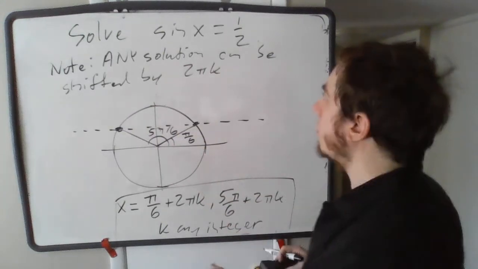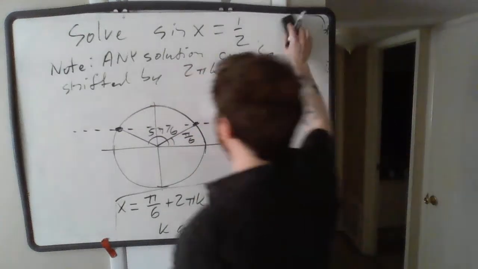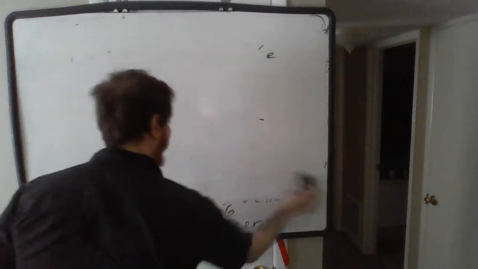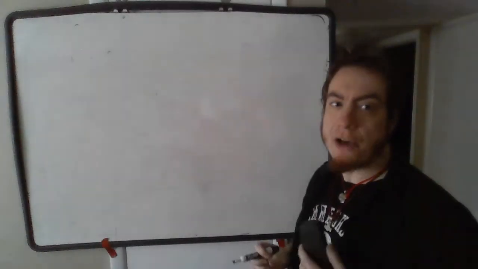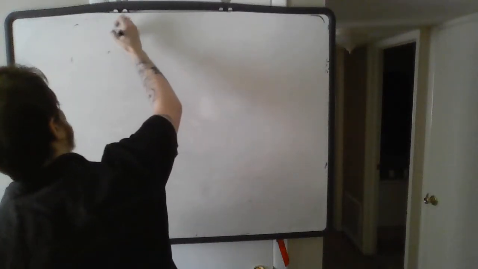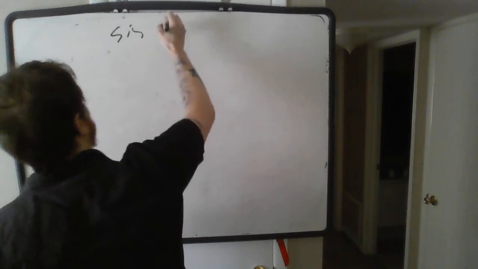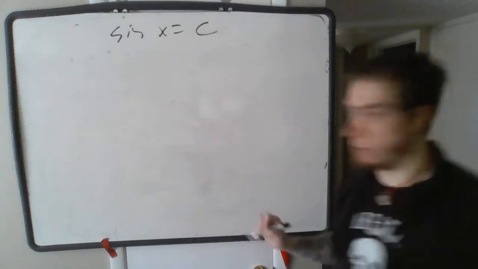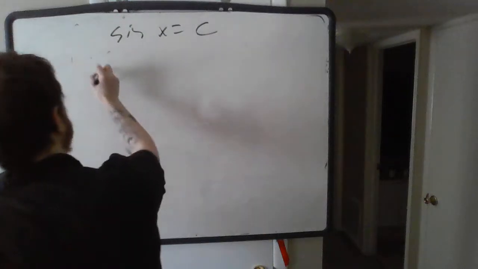Now, in general, if you have a problem that looks like this, there are 3 different cases that you can get. To understand those 3 different cases, we can think about the graph of the sine function. So in general, if I want to say sine of x equals c, where c is some number, then there are 3 possibilities.